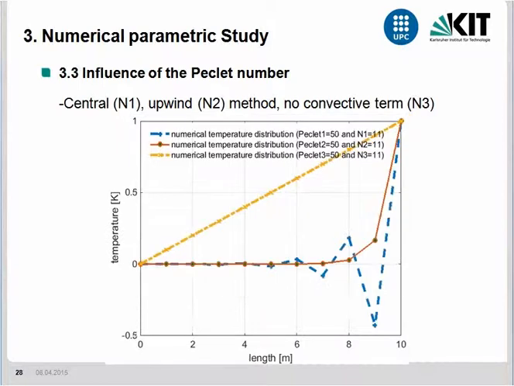But for instance, and especially for the central difference method, if the sampling point number is low and the Péclet number is high, the value of T is negative, which implies that the solver returns unphysical, unrealizable results.